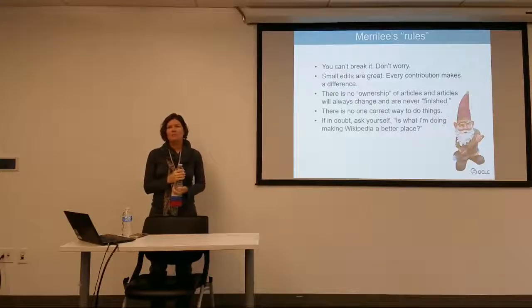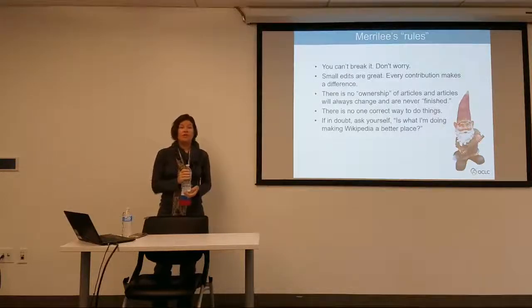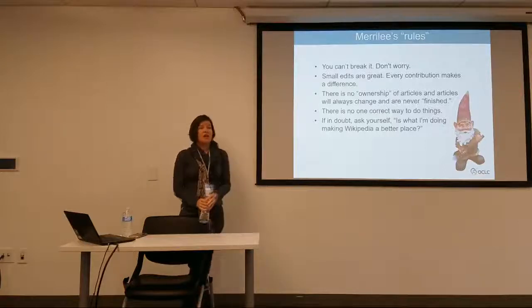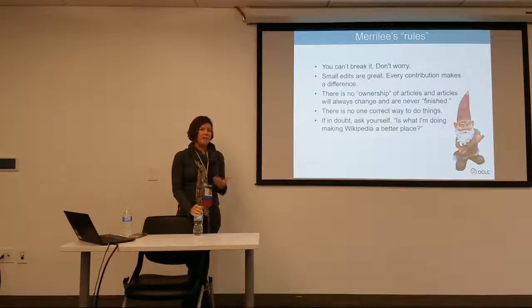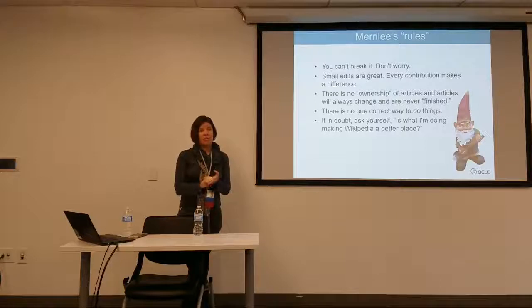I think a lot of people who are in libraries or cultural heritage institutions want to make sure that their libraries and their collections are well represented within the encyclopedia. So the first thing that people may do is want to create an article about their library, or about collections in their library, or about an important person related to their library.